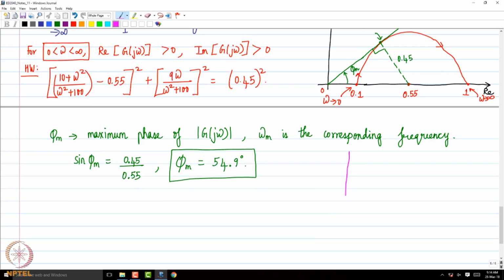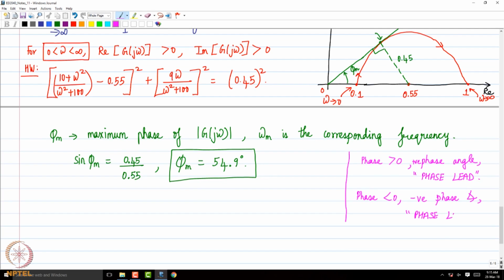If phase is greater than 0, we call it a positive phase angle. It is also called a phase lead, or lead factor. But if you have a negative phase angle, phase less than 0, that denotes a negative phase angle. That is what is called a phase lag.